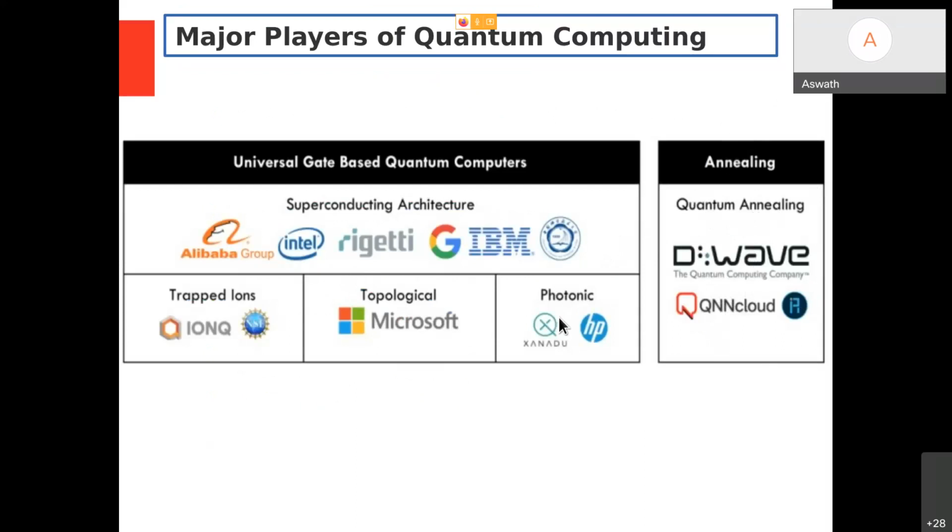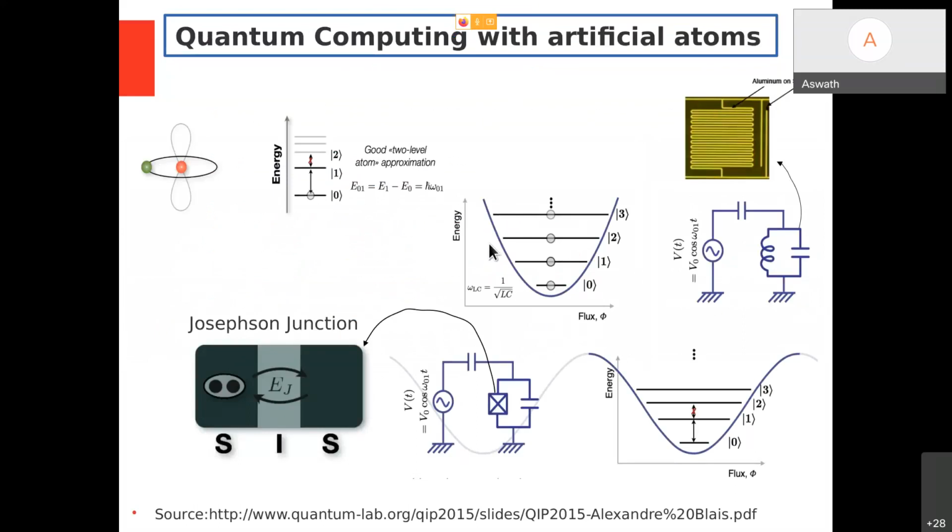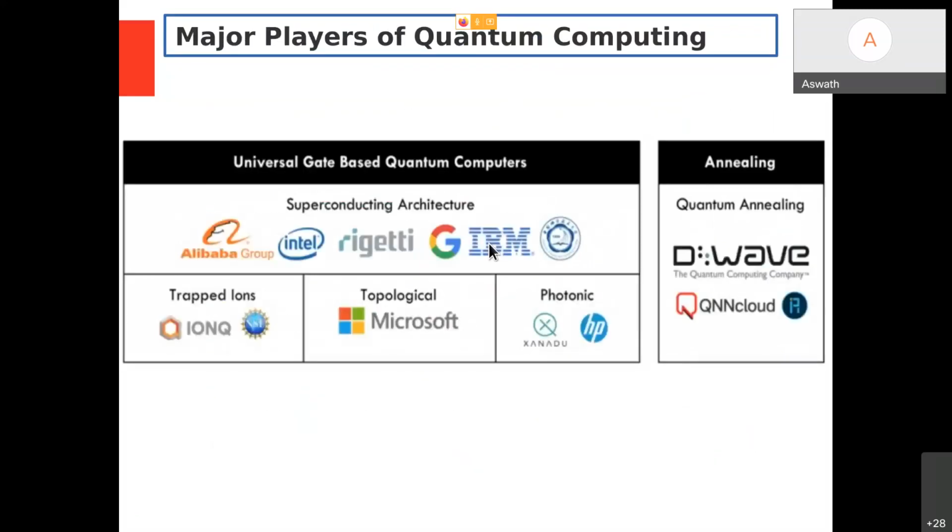The other one is photonic quantum hardware with photons, by a Canadian company, Xanadu. Google, IBM, Intel and Rigetti are based on superconducting architecture. That's this one, okay, LCR circuits, right?